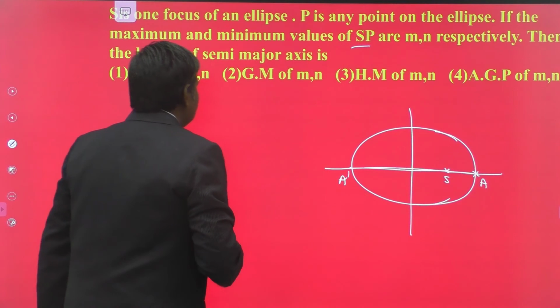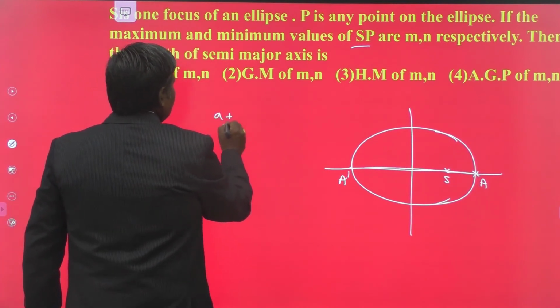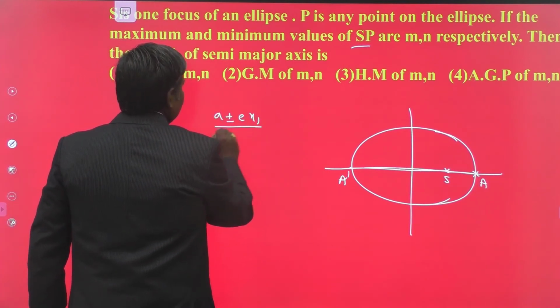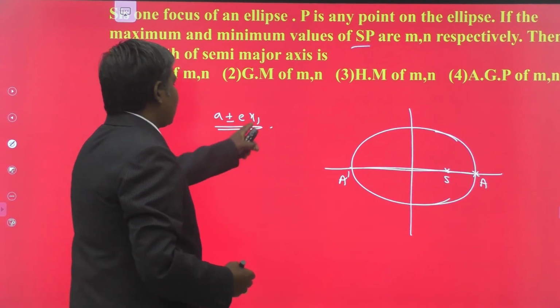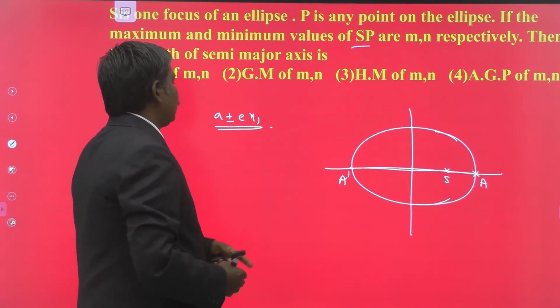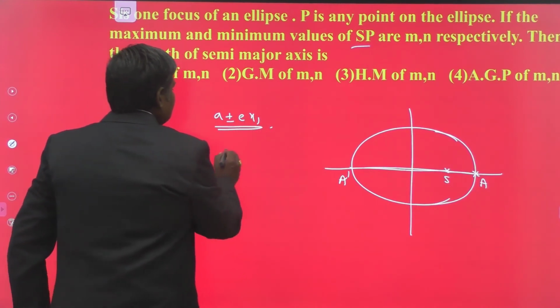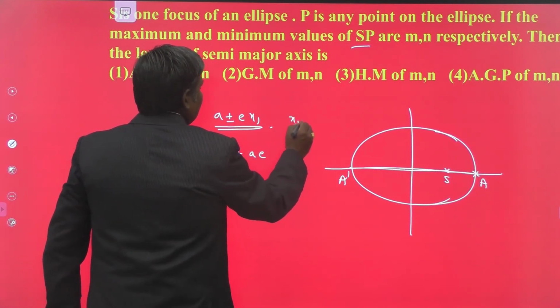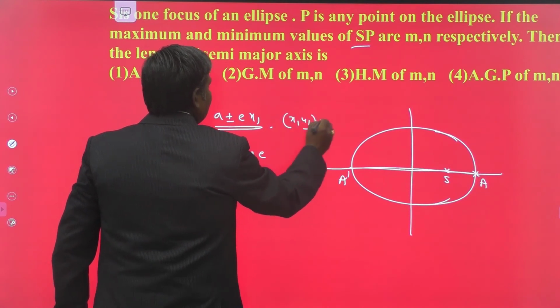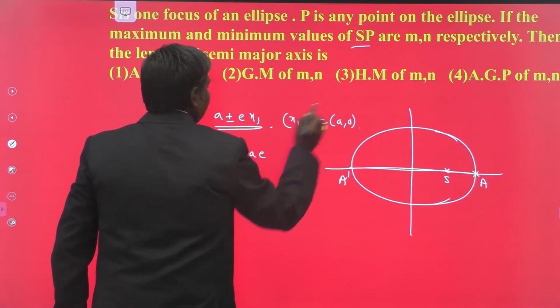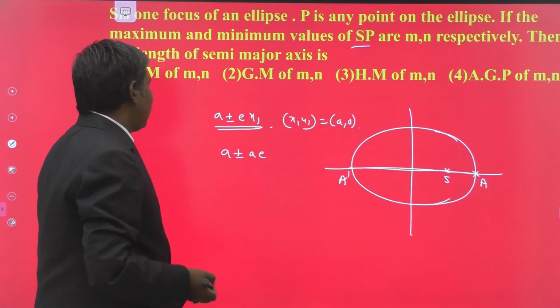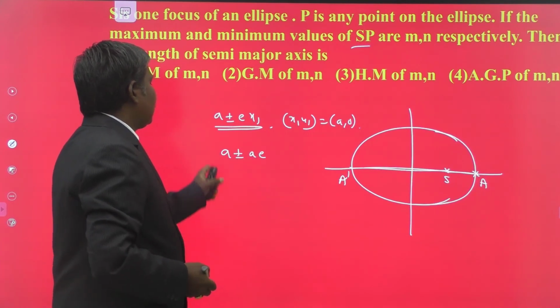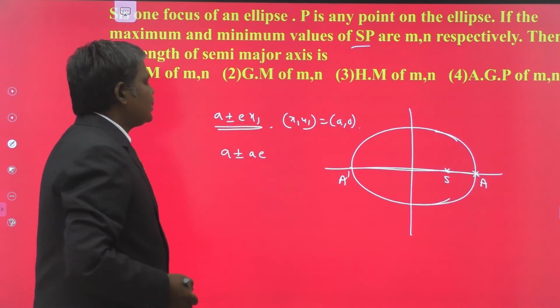What is the focal distance formula? A plus or minus EX1. For x1, you take x1 as A comma 0, then we have two distances, A plus or minus AE. A plus AE is one distance, A minus AE is another.